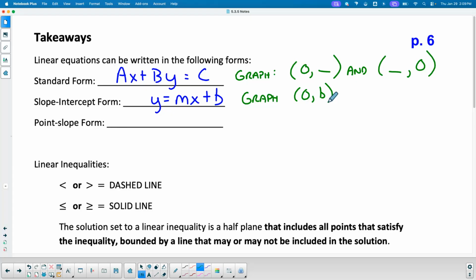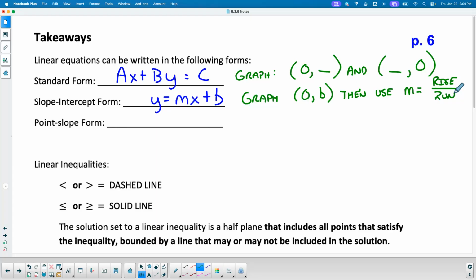And then you're going to use that the slope is the rise over the run, and you're going to get more points so that you can draw your line on your graph.